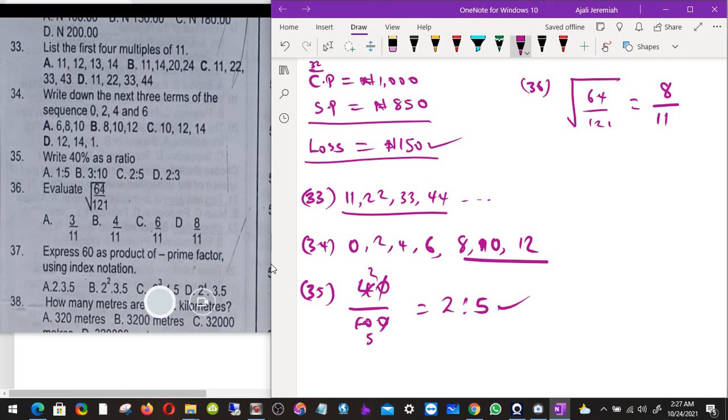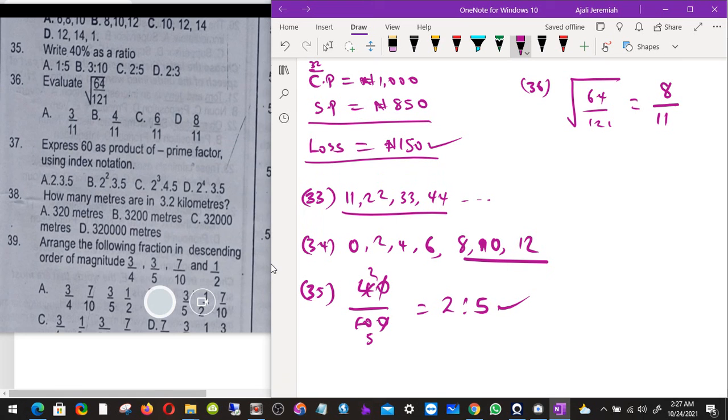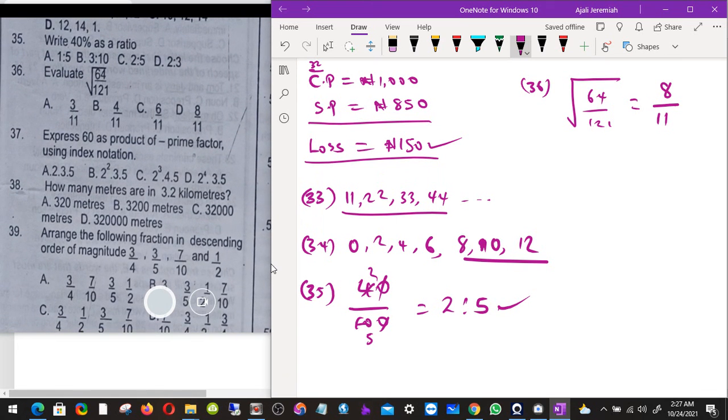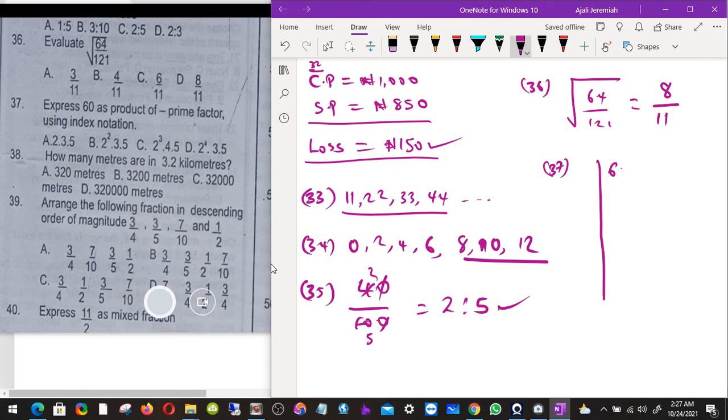Number 37 is demanding we express 60 as a product of prime factors using index form. So 2 into 60, 30. 2 into 30, 15. 3 into 15, 5. And 5 gives you 1.